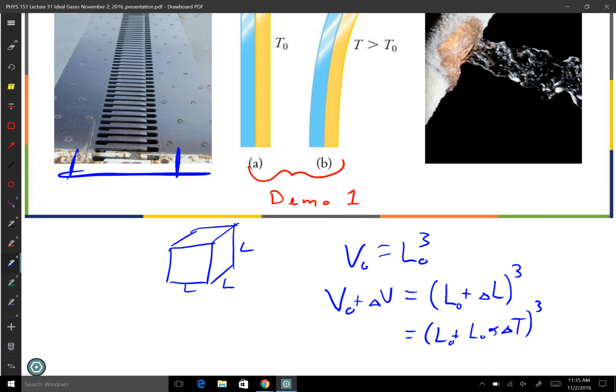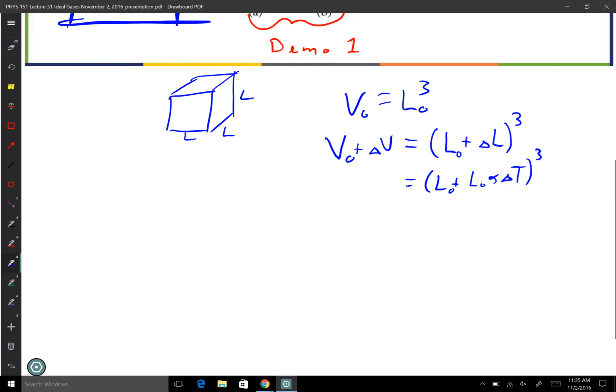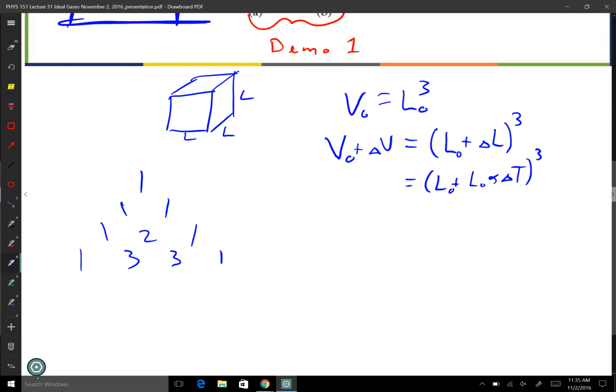Well, if I multiply that through, you've probably learned, was it Pascal's triangle, where you have 1, 1, 1, 1, 2, 1, 1, 3, 3, 1. So that you can do this real quickly.